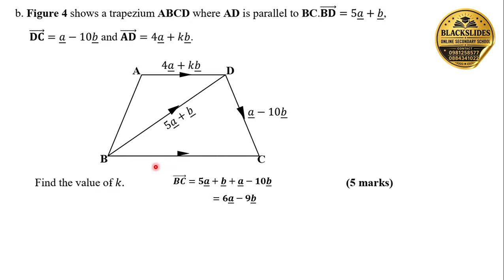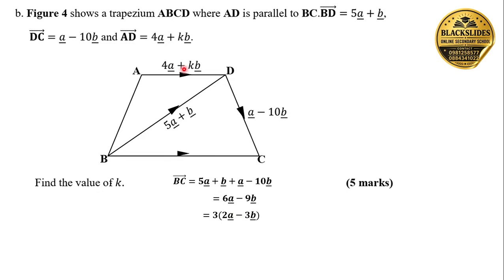So this is BC. Take note also that 3 is common here. You can push out 3. It will give us 3, open brackets, 2a minus 3b, close brackets. I want you to pay attention to this.